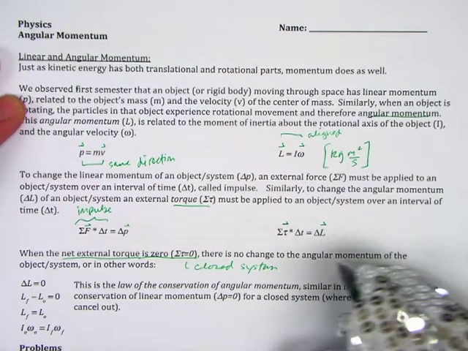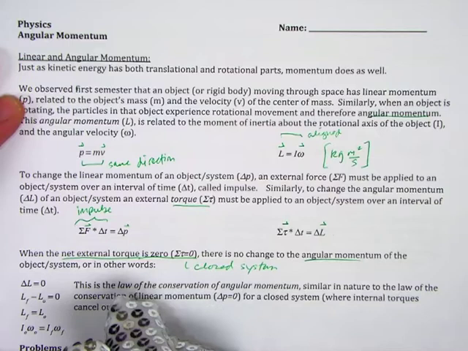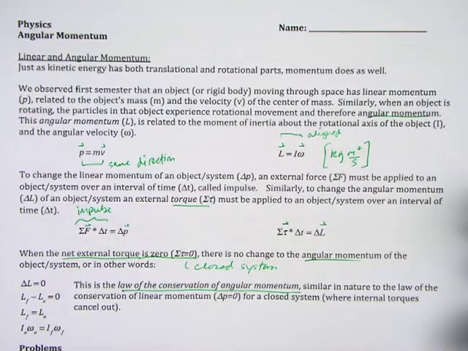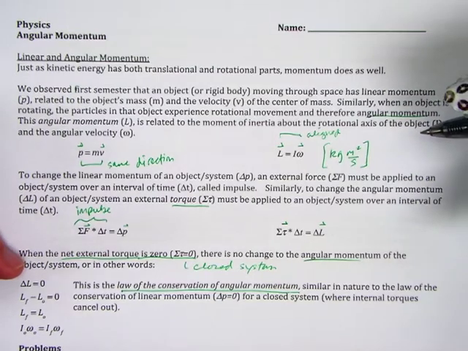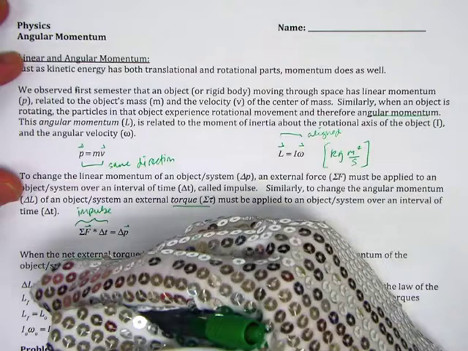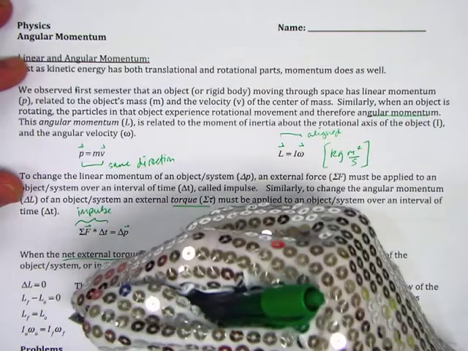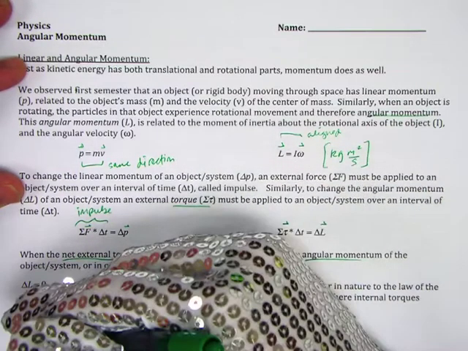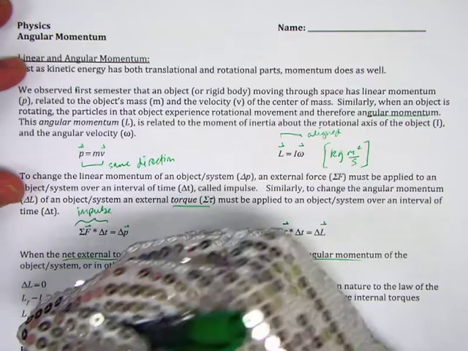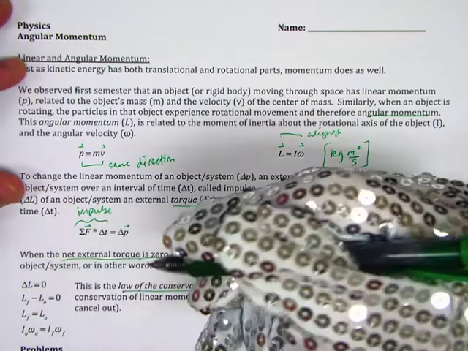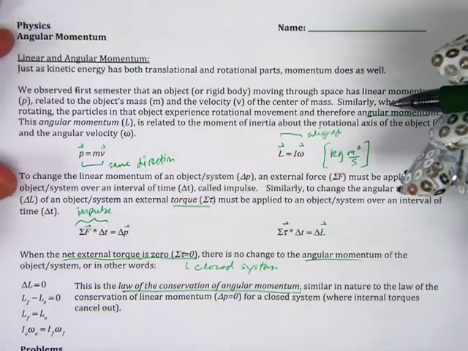In this case, angular momentum is what we say a conserved quantity, or the conservation of angular momentum. So meaning, no external torques, the angular momentum of the system stays the same, therefore delta L is zero, meaning L final minus L initial is zero, L final equals L initial, or I omega initial of this object or the system has to equal I omega final of the object or the system.